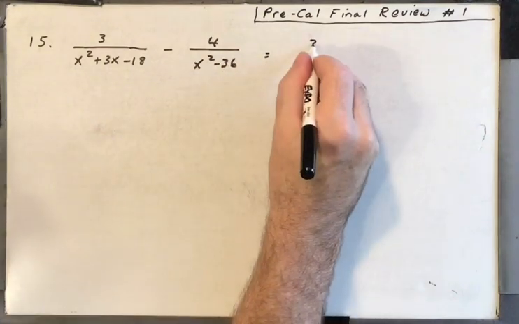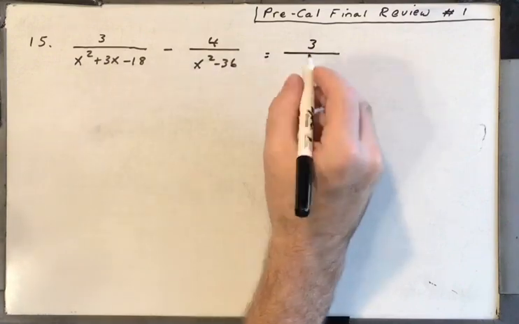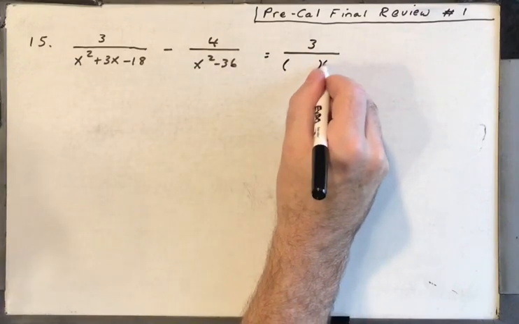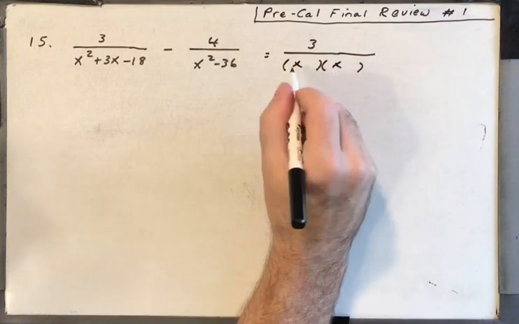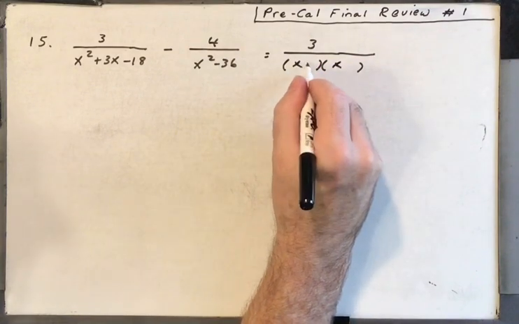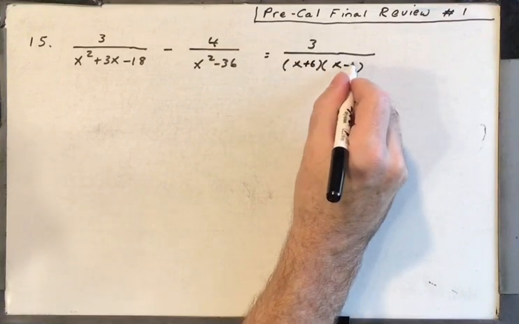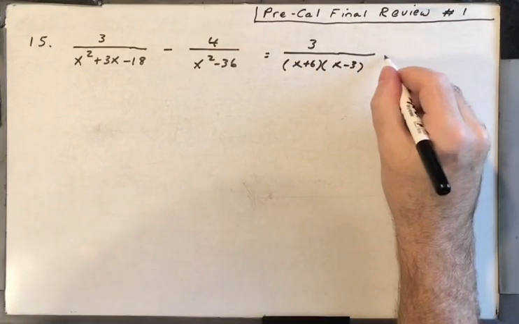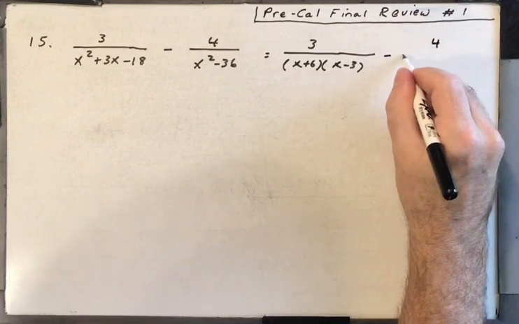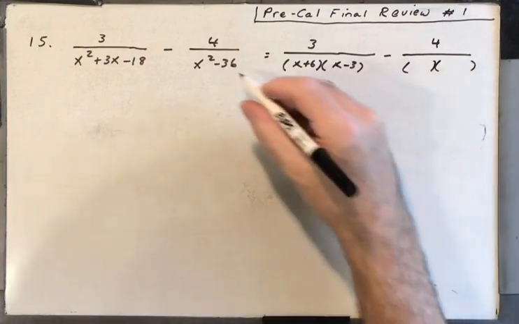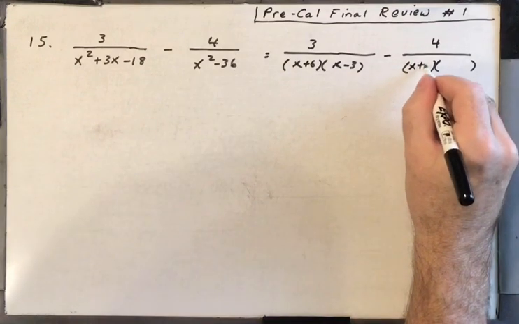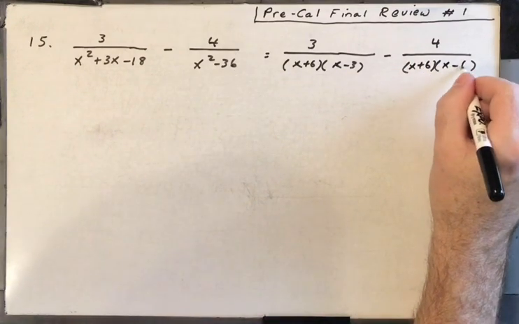So that's going to be 3 over, this one will factor into x plus 6, x minus 3. And then minus 4 over, and that one is the difference of two perfect squares, so x plus 6, x minus 6.